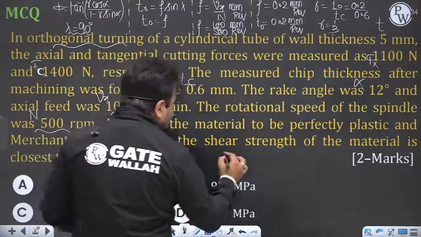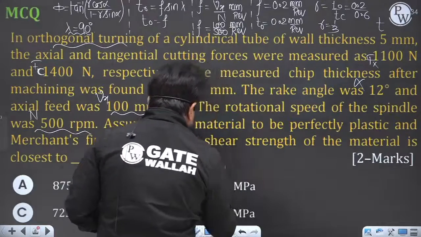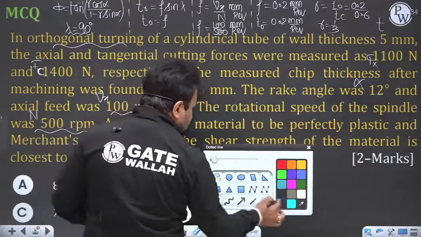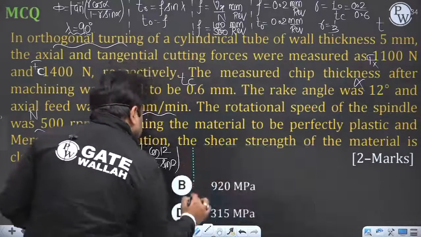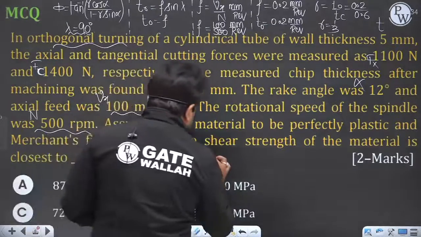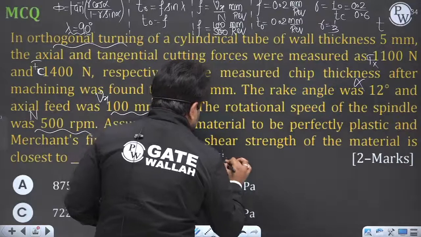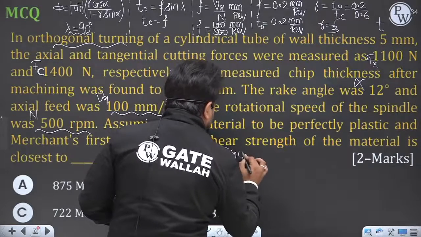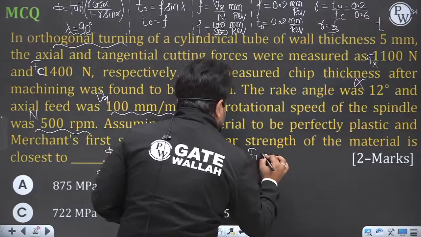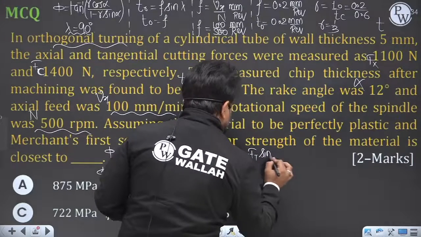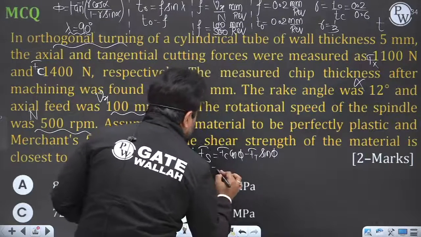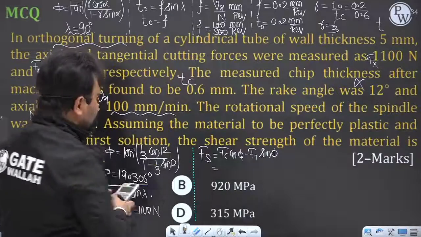This is a cutting force and it is given to us. Now we can find the shear force, my dear. How can we find the shear force? Here the shear force equal to Fc cos phi minus Ft sin phi, right? So Fc is given, that is 1400.